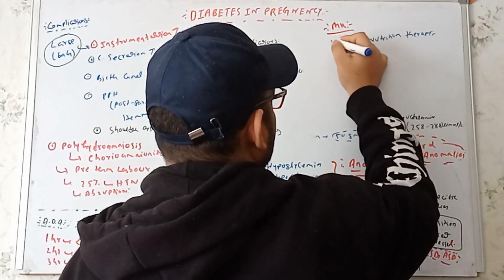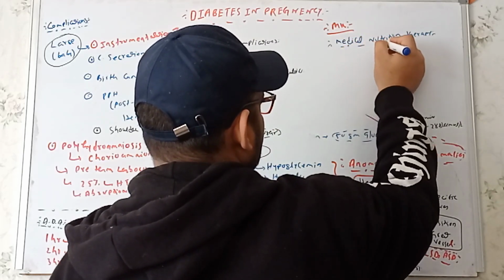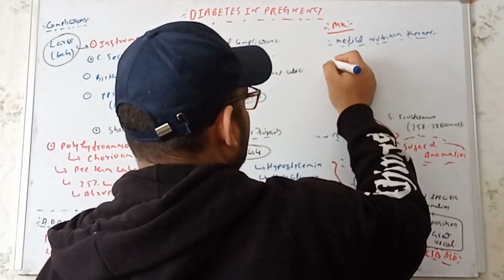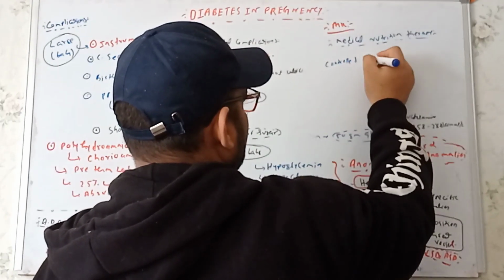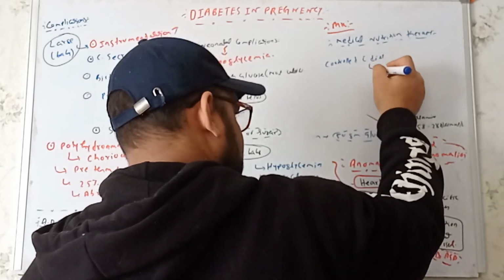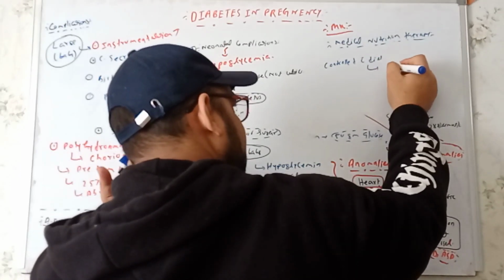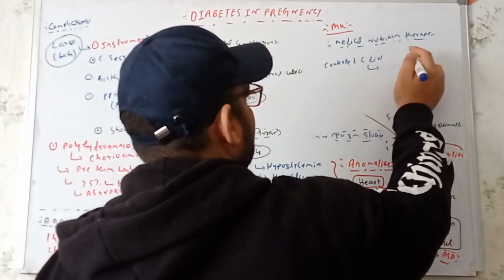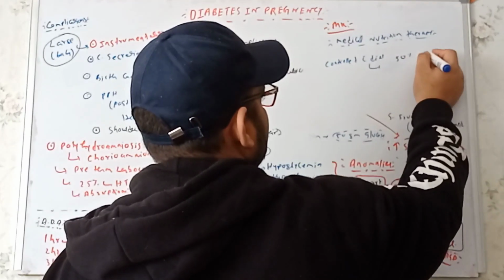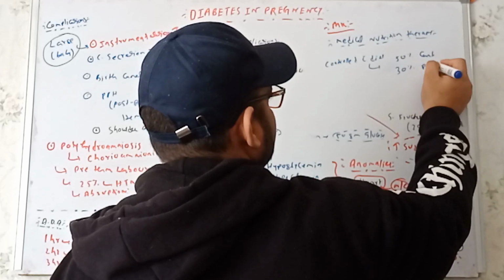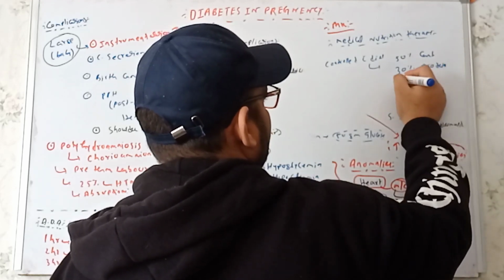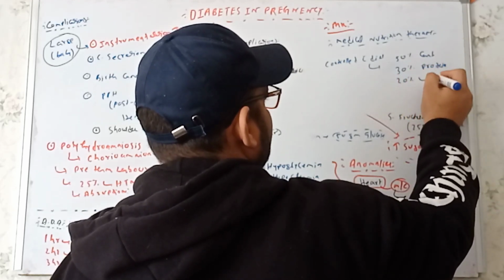In these cases, if it is controlled with diet, we have to give, for example, 50% carbohydrate, 30% protein, and 20% fat.